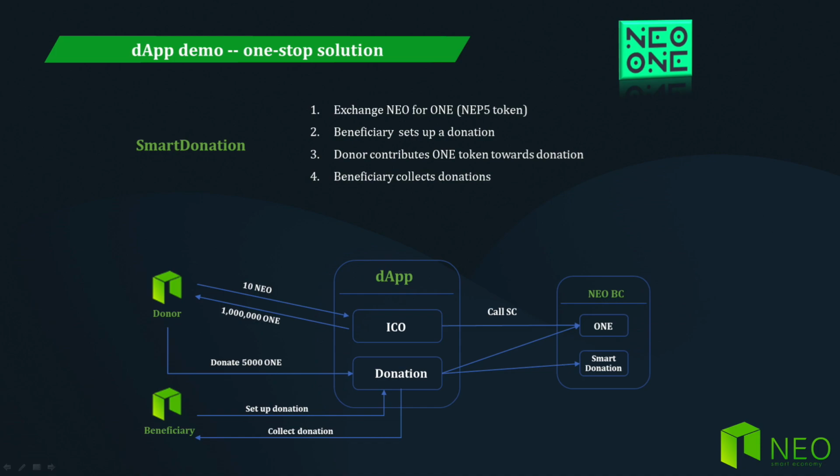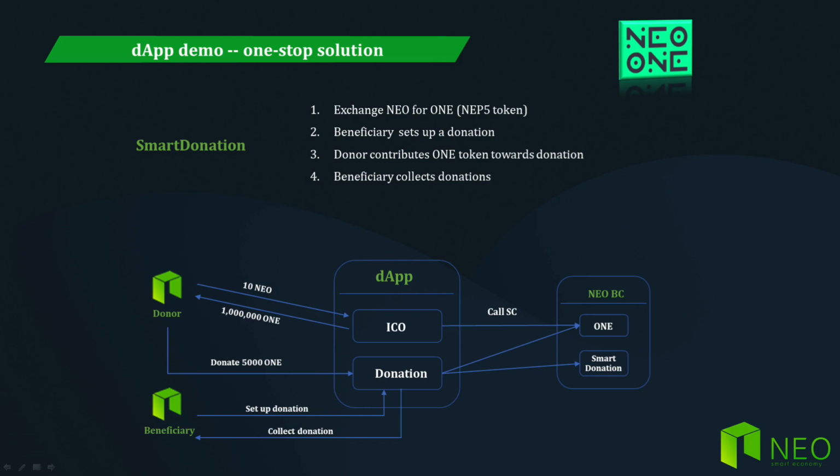One is the NEP5 token, and then the smart donation contract, which is processing the donation and then contributions. So we have a donor. They do the ICO through the ICO function. I send 10 Neo, and I get 1 million tokens back.